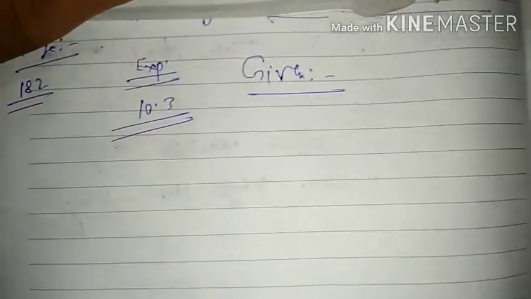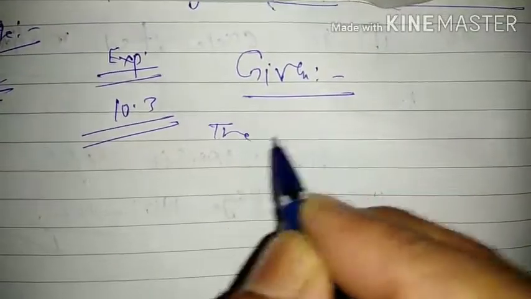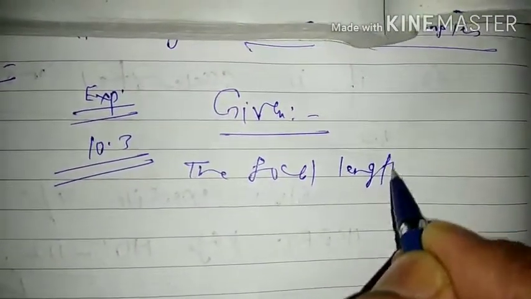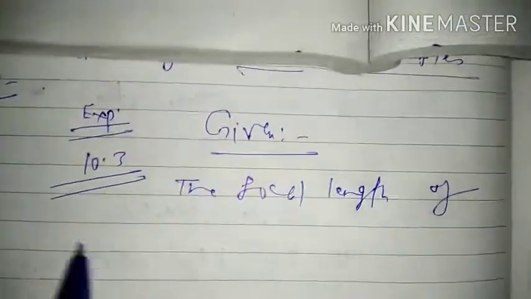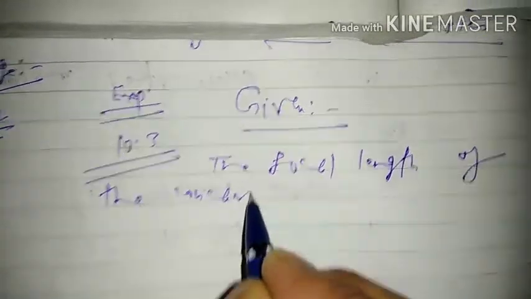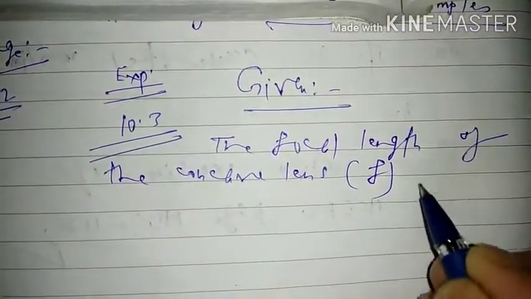What is given here? Here it is given that a concave lens has focal length. So we shall write the focal length of the concave lens, and for focal length the symbol is f.